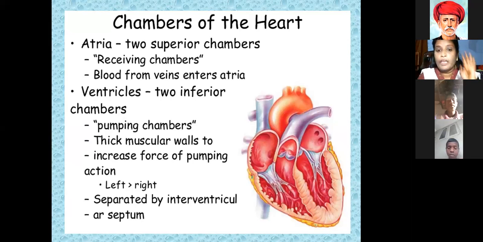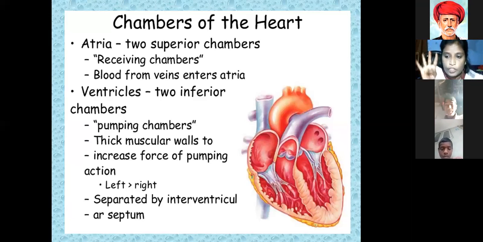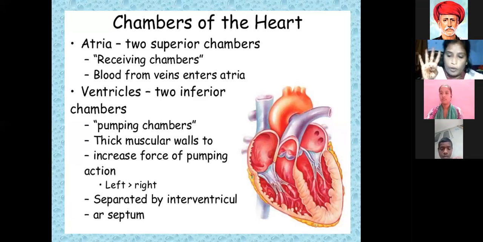The four chambers of the heart: two auricles and two ventricles. They are the left auricle, right auricle, right ventricle, and left ventricle. How many chambers are there? Four chambers, madam.